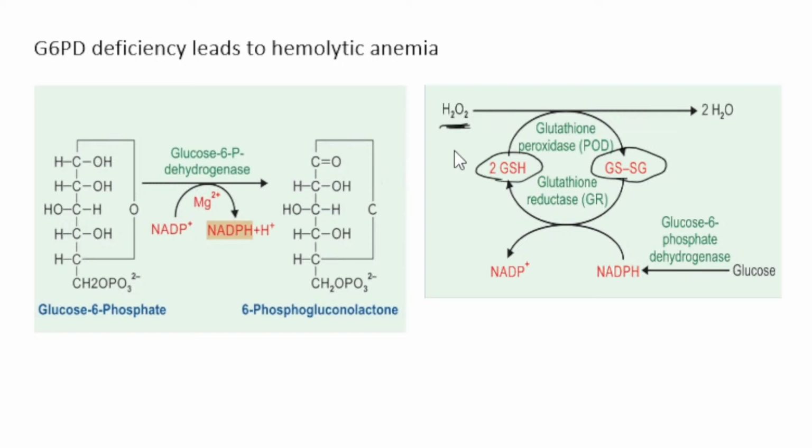If H2O2 is not detoxified, it results in accumulation of peroxides and methemoglobin in RBCs, leading to cell lysis. Actually it is hemolysis. So it will lead to hemolytic jaundice and hemolytic anemia. So now you can understand this sentence, G6PD deficiency leads to hemolytic anemia.